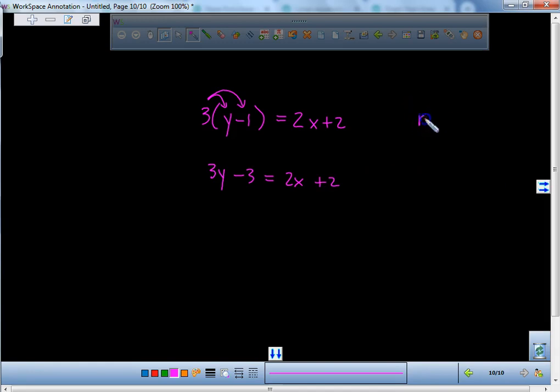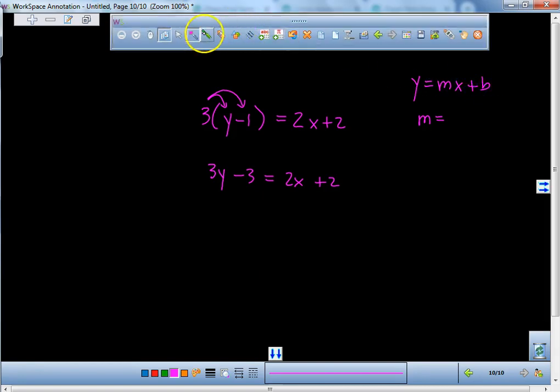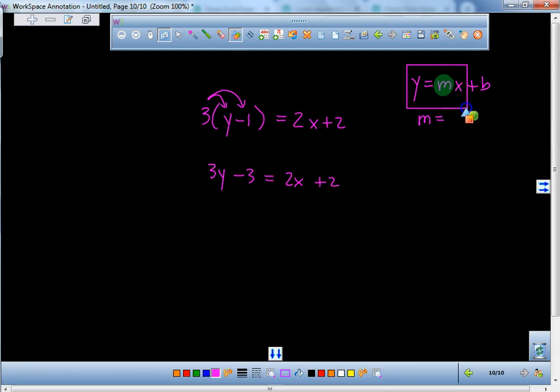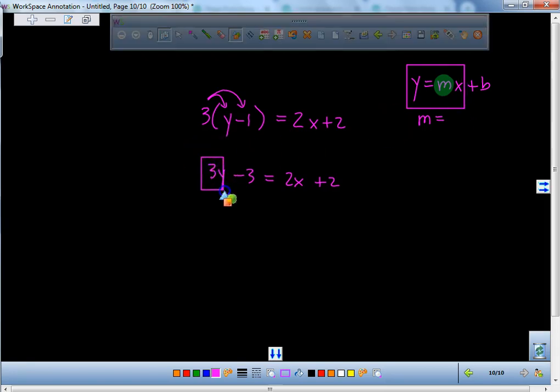But when you're trying to find the slope and you have an equation, y equals mx plus b, literally all you got to worry about is the m value. So you're just worried about what is the y value. You're just focusing on that part. So you're focusing on this and this. So strip everything else away.